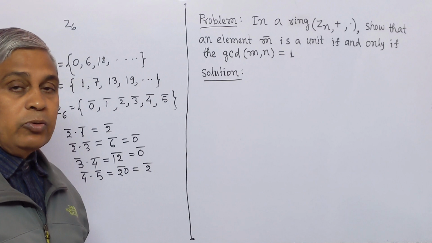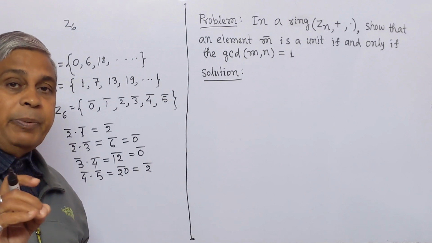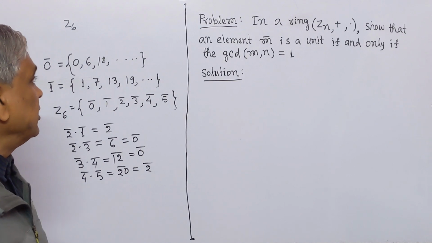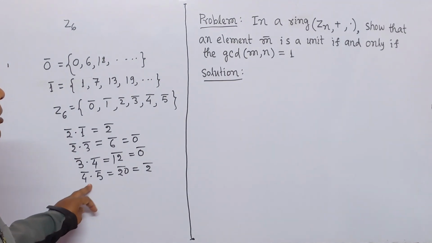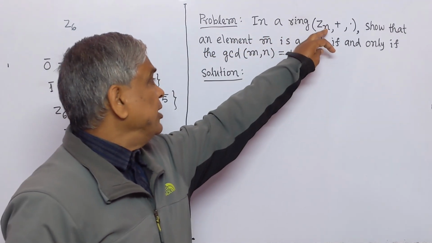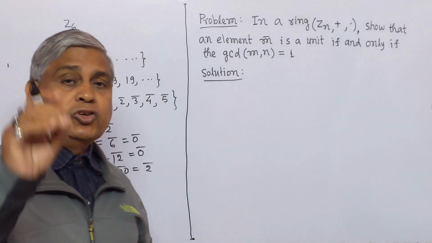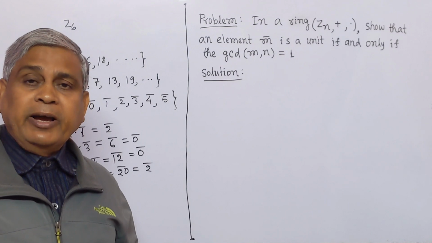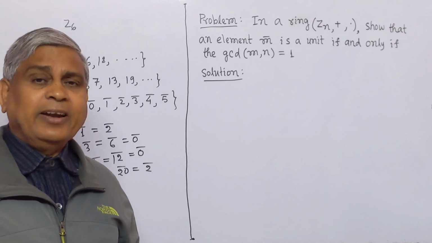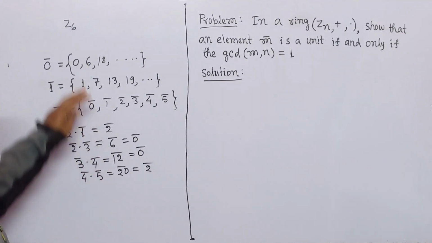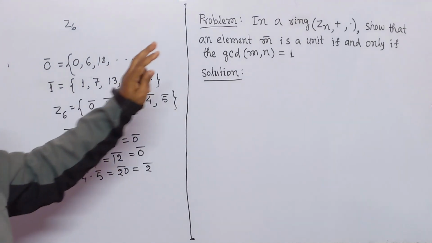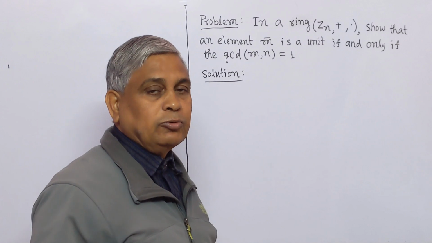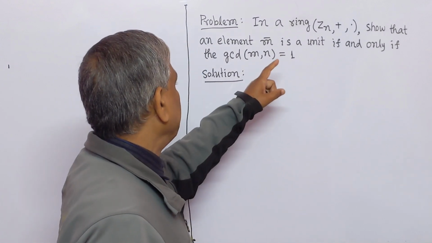So in this way we may multiply two elements of Z6. In the similar manner, we get elements of Zn: 0 bar, 1 bar, 2 bar, up to n minus 1 bar. And similar to Z6, we may multiply two elements of Zn. Now we solve our problem.